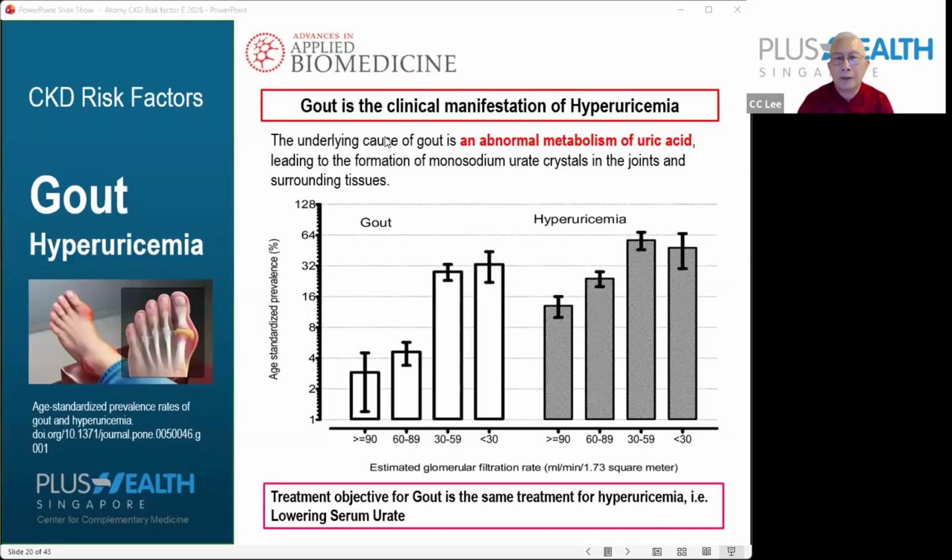So basically, gout is the clinical manifestation of hyperuricemia, which means that when you have high uric acid in your blood, this results in gout. You can see from this chart that the incidence of gout and hyperuricemia are very much correlated.